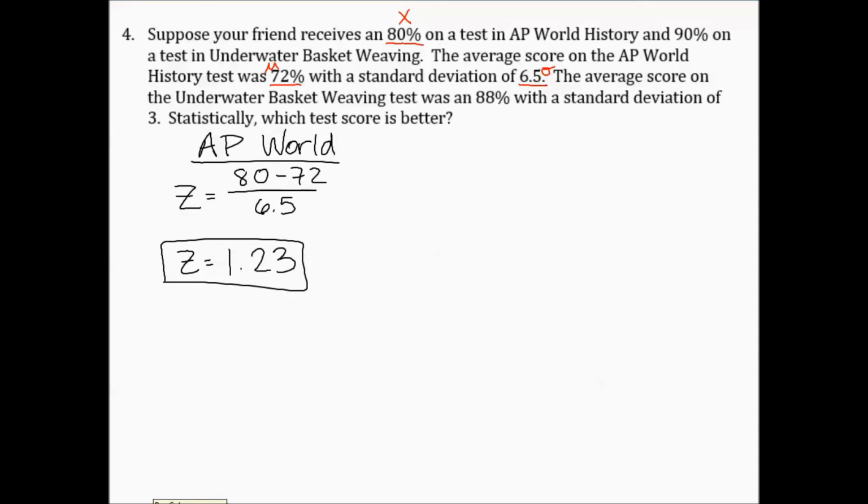Then if we look at underwater basket weaving, their test score was a 90, so that is x. The average is 88, so that is mu. And the standard deviation is 3, so that is sigma. So let's calculate the z-score for underwater basket weaving.